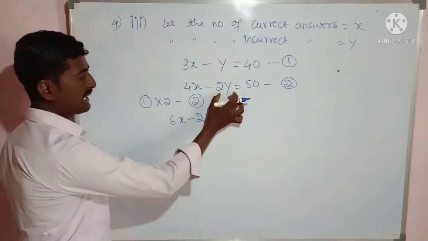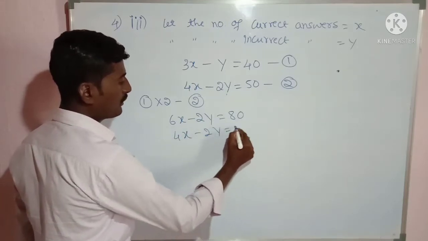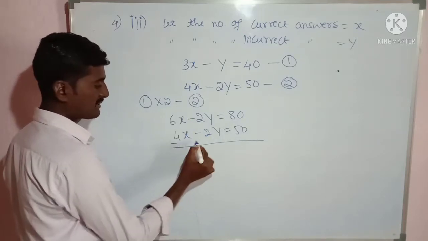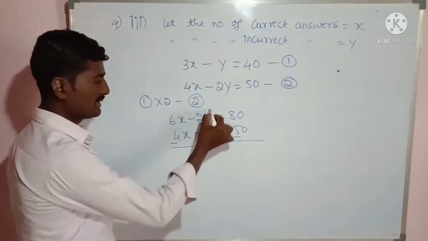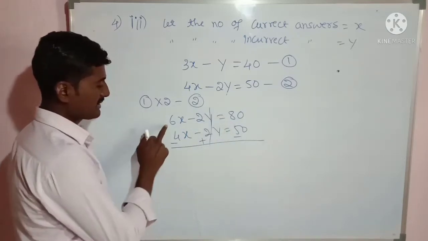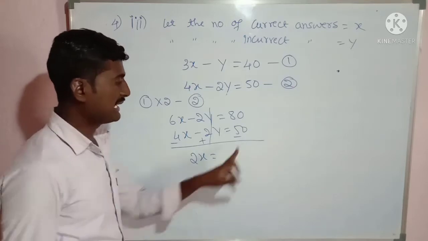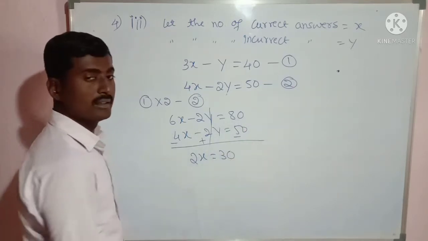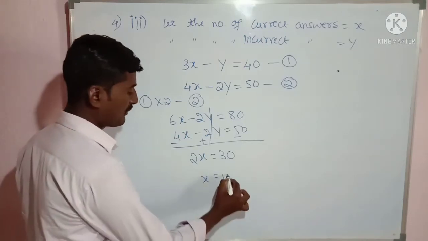Then minus second equation, 4x minus 2y equal to 50. We are subtracting them, so minus, this will become plus. These two will get cancelled. 6x minus 4x, that is 2x. 80 minus 50, that is how much? 30. Now x equal to 30 divided by 2, that is 15.